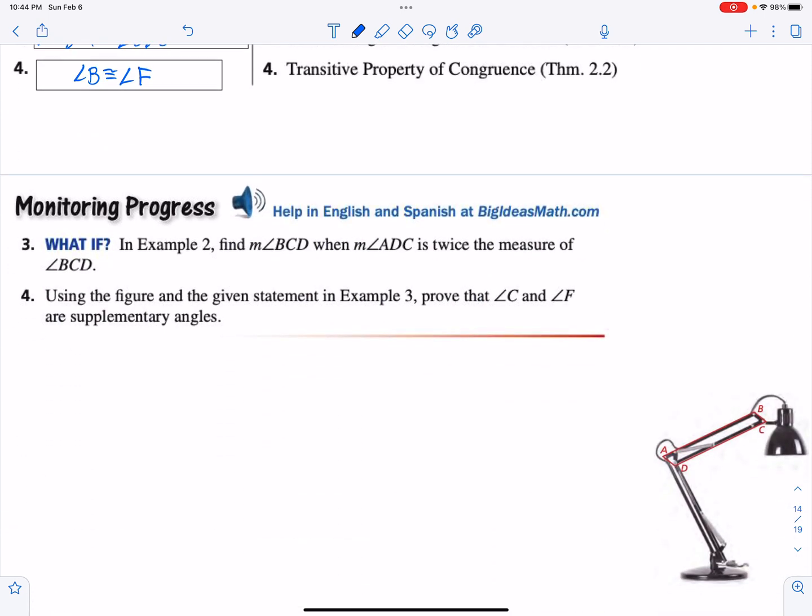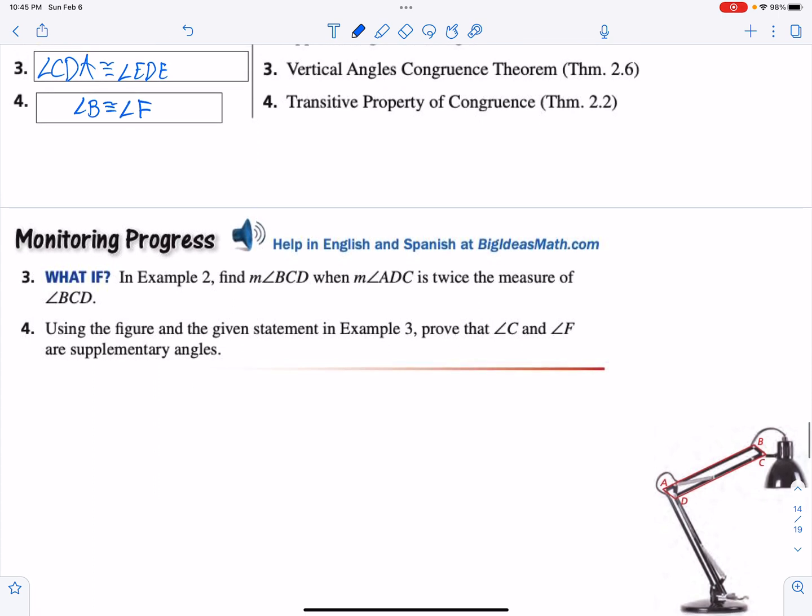Okay, so in example 2, it says find BCD when the measure of angle ADC is twice the measure of BCD. So essentially what they're saying is, if BCD is twice the measure of ADC, we would say 2x, because it's twice the measure.